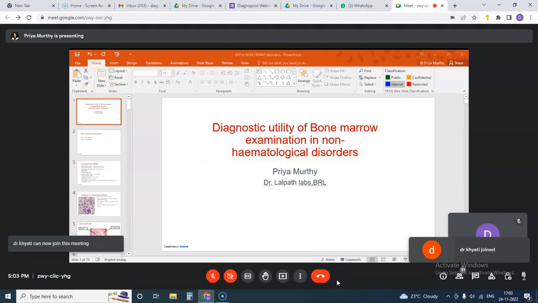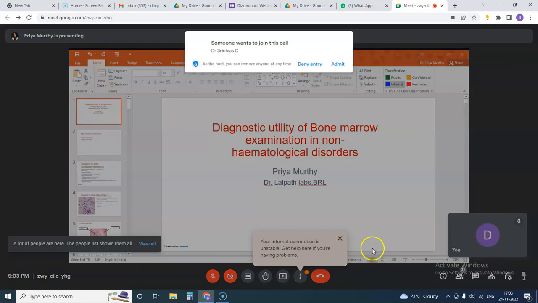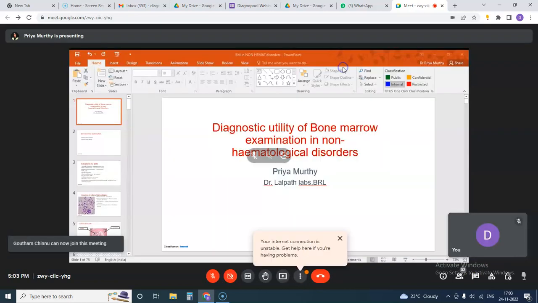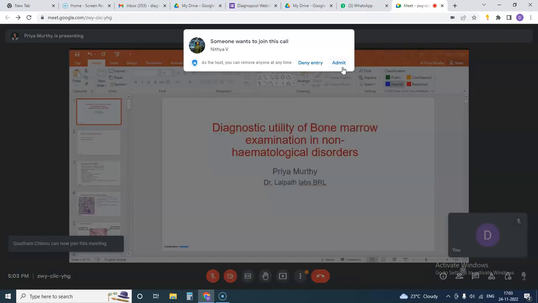Today, I'll be talking about the diagnostic utility of bone marrow examination in non-hematological disorders. Bone marrow examination consists of the study of bone marrow aspirate and bone marrow biopsy.